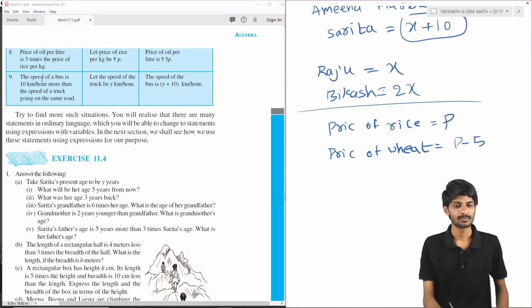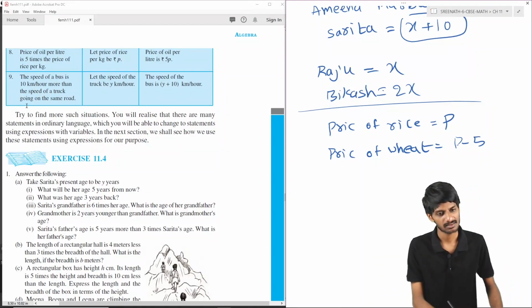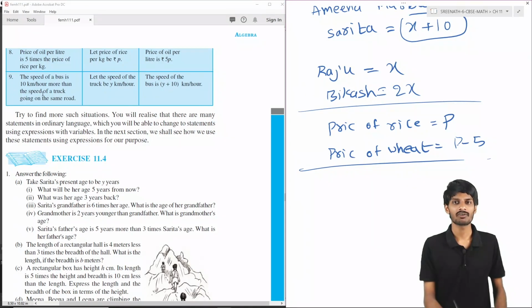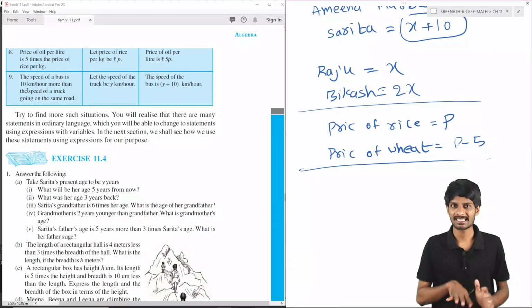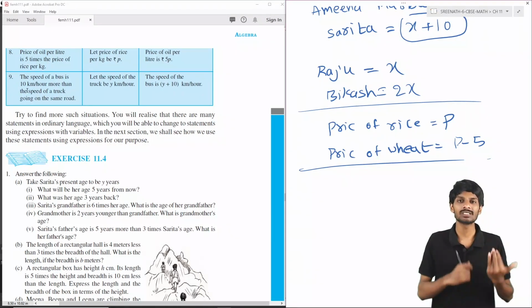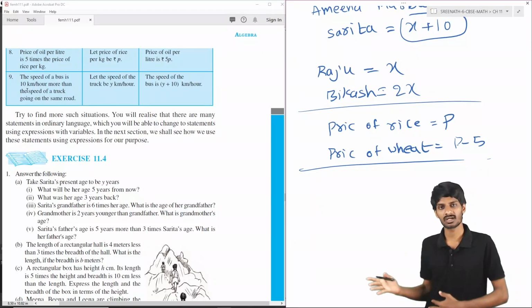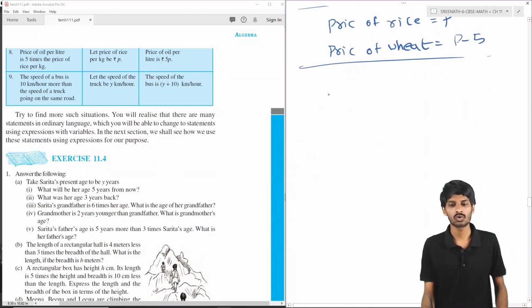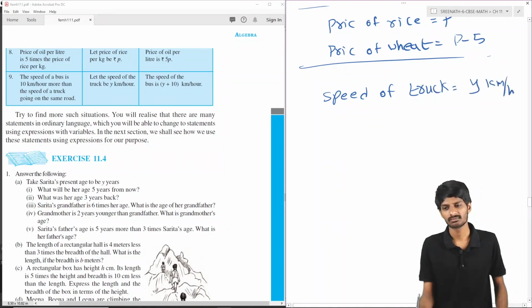The speed of a bus is 10 kilometers per hour more than the speed of a truck. So what is the speed of bus? The exact value is not given, but it is 10 kilometers per hour more than the speed of the truck. Then what is the speed of truck? We don't know, so we are taking it as y kilometers per hour.